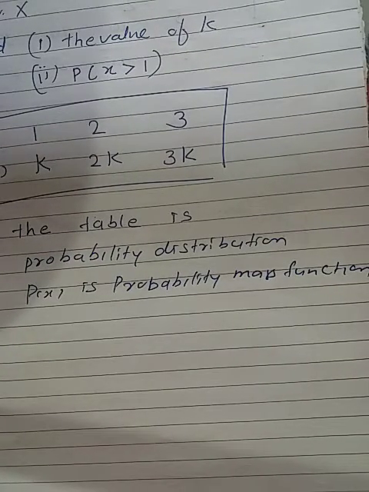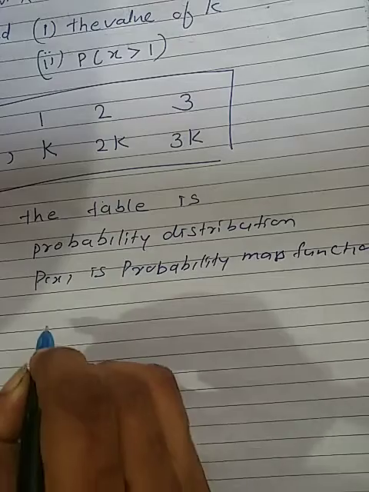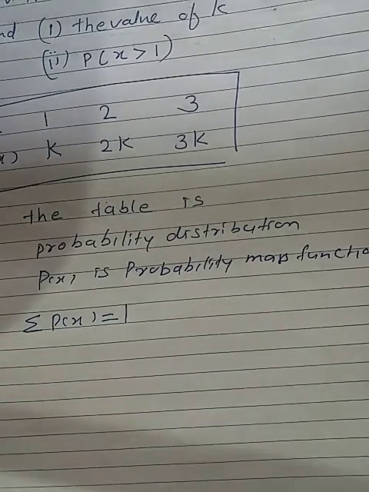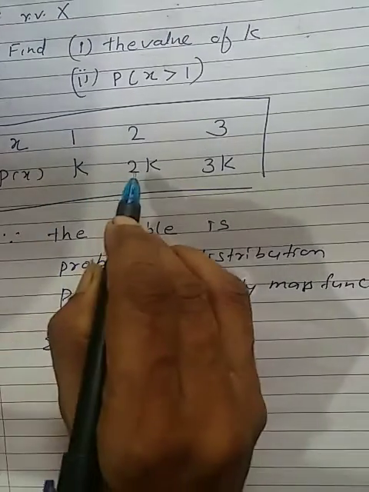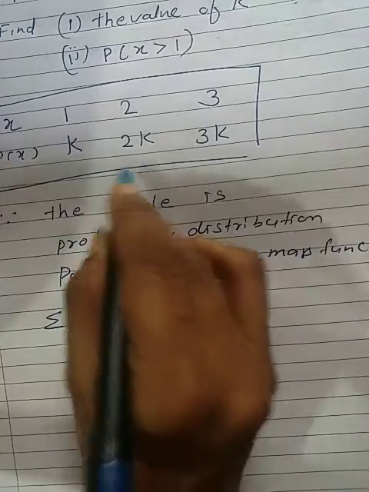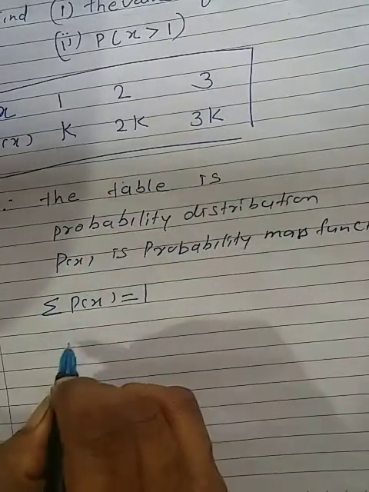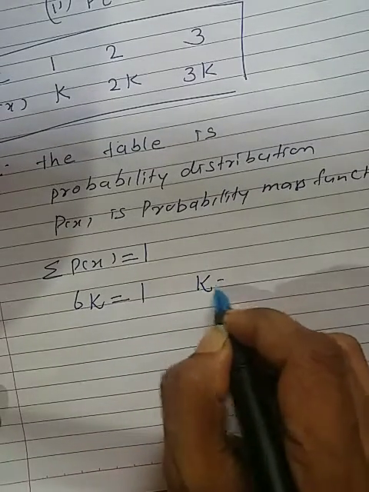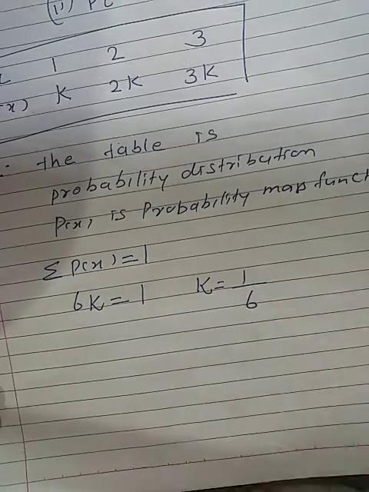Therefore according to the second property of probability mass function, sigma P of x equal to 1. That is sum of all these P of x values equal to 1. K plus 2k plus 3k, that is 6k equal to 1. That is k equal to 1 upon 6.